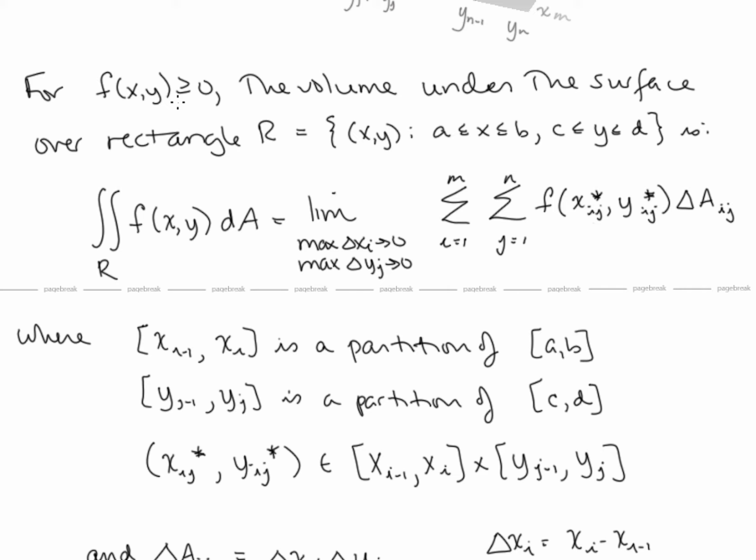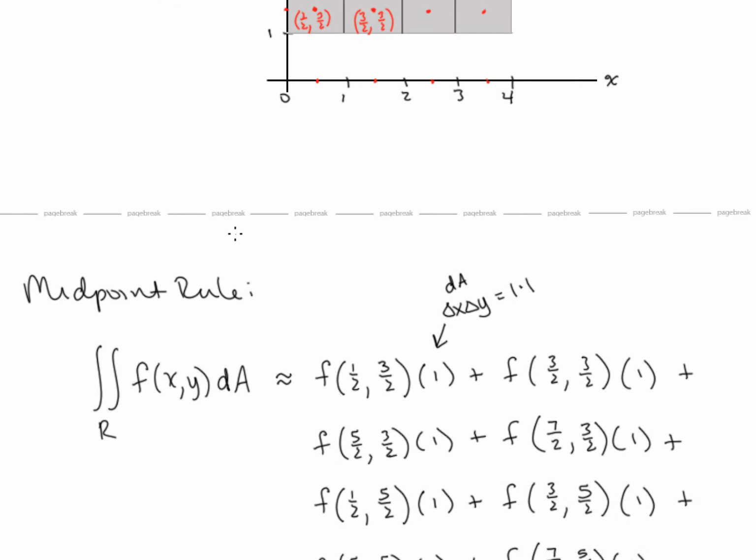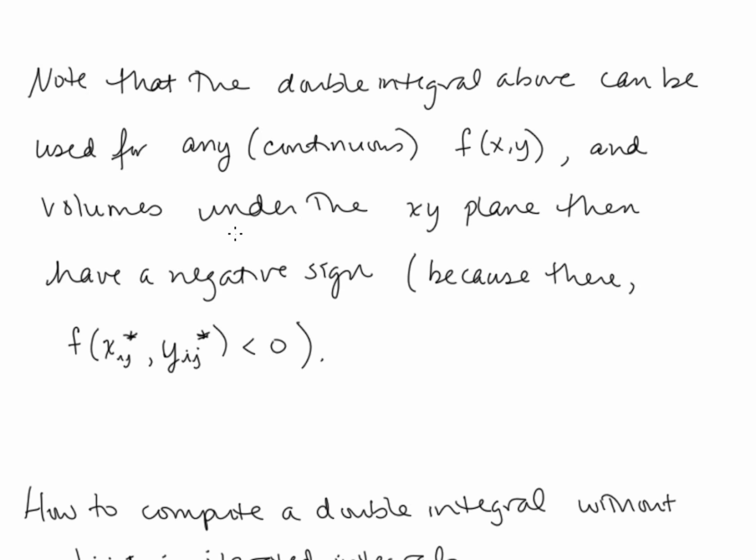And keep in mind then that when the surface is under the xy plane, our volumes will have a negative sign, similar to what happens with integration when our function values are negative. Right? The areas under the x-axis come up with a negative sign. Same thing here, the volumes under the xy plane are going to show up with a negative sign. And that's because the function evaluations over those subrectangles are negative. So essentially that height is negative.